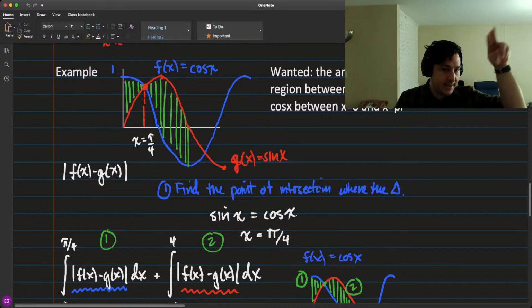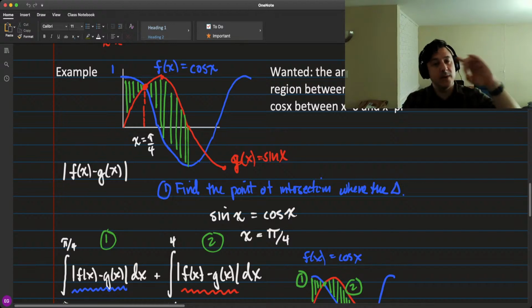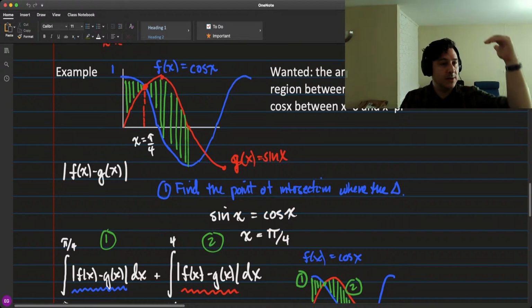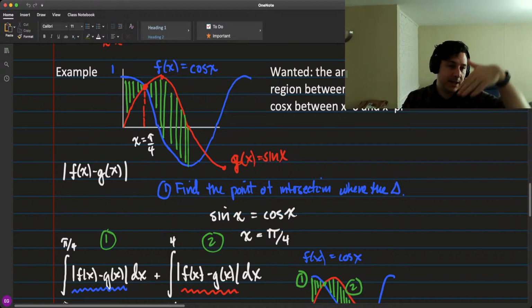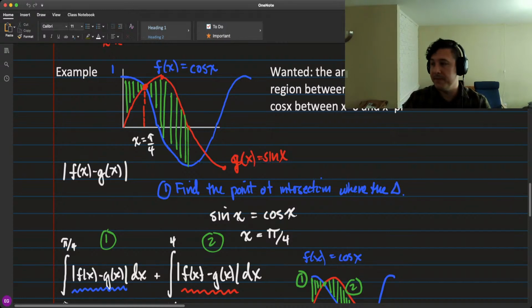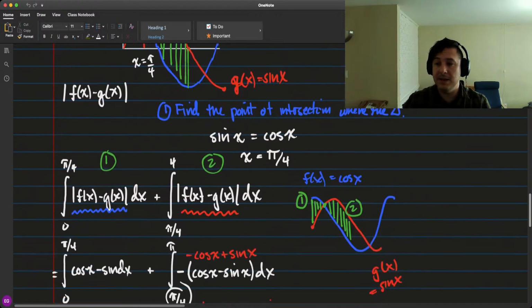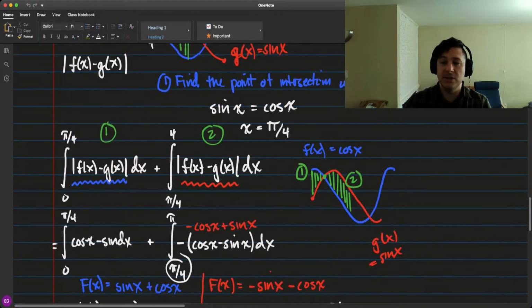Because sine and cosine are periodic, they switch. For the first region, cosine is on top, but for the second region, cosine is on bottom. They intersect at pi over 4. So you have to split your single integral into two different integrals. Where it says the green number 1, we first integrate from 0 to pi over 4.